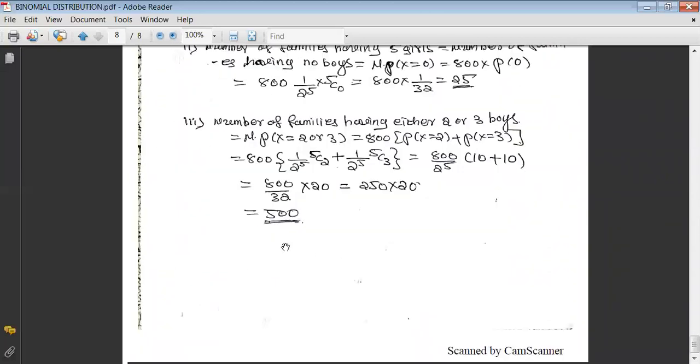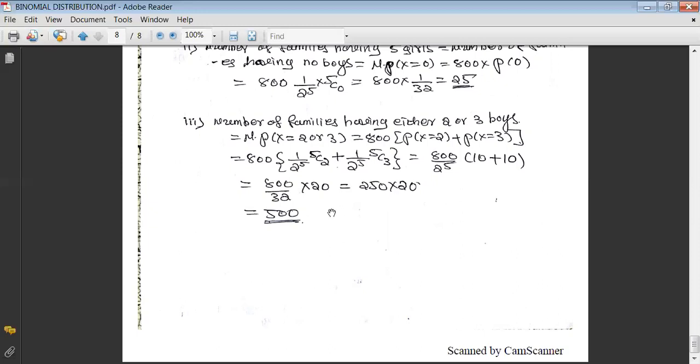We can write it as 1 by 2 raised to 5 into 5C2 plus 1 upon 2 raised to 5 into 5C3. And I can take 1 upon 2 raised to 5 as common here. 5C2 is 10, 5C3 is 10. That means 2 raised to 5 is 32, 10 plus 10 is 20. This will be 800 upon 32 into 20, that is 250 into 20. That results in 500.